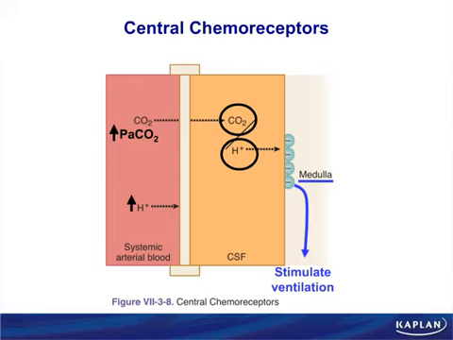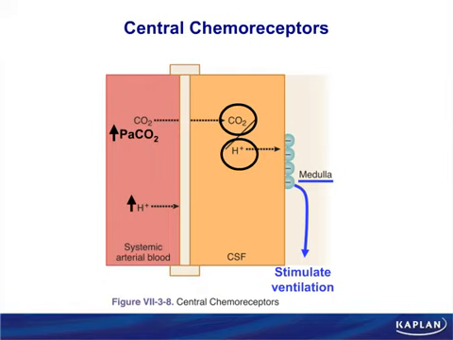All right, we can't forget that we have a blood-brain barrier. Now, the blood-brain barrier is not a barrier for CO2. Notice that if arterial CO2 goes up, it will cross the blood-brain barrier, enter into the medulla, and stimulate ventilation. The most likely scenario is that CO2 going up generates hydrogen, and it's ultimately the hydrogen that stimulates medullary chemoreceptors or central chemoreceptors.